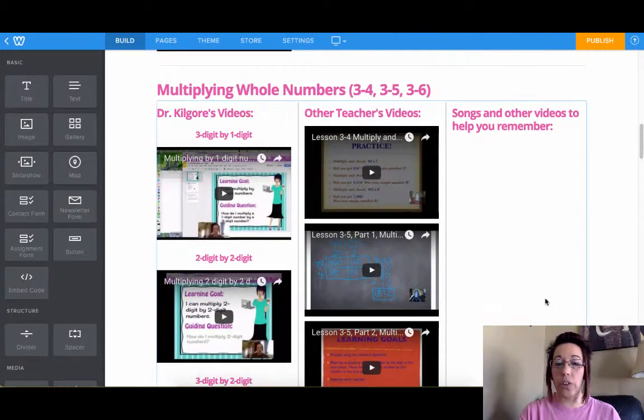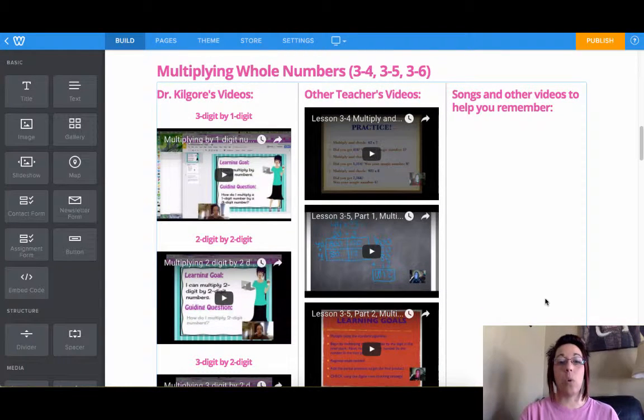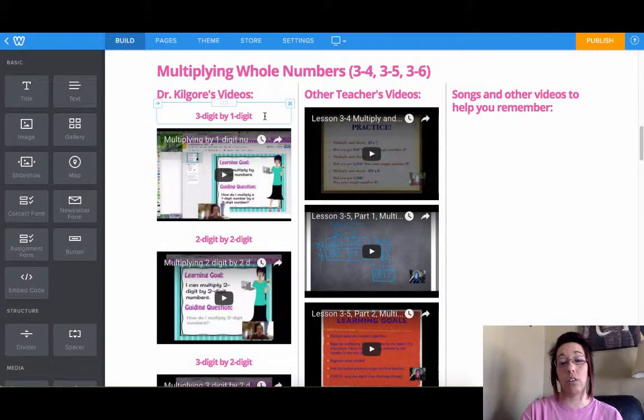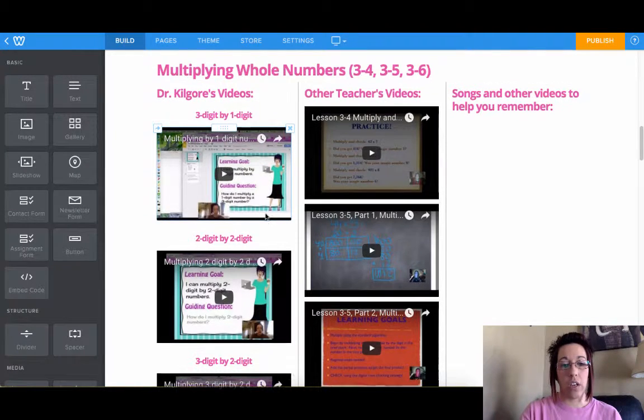The next part of the learning target is multiplying whole numbers, and you can see I showed a progression to help with differentiation. I always have some 5th graders that come to me that can do 3-digit by 1-digit, or that's sometimes where they need to start their learning.